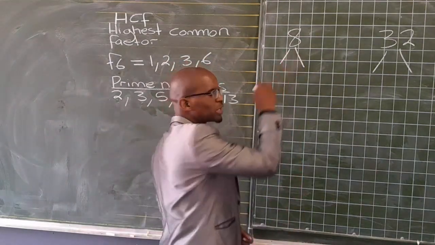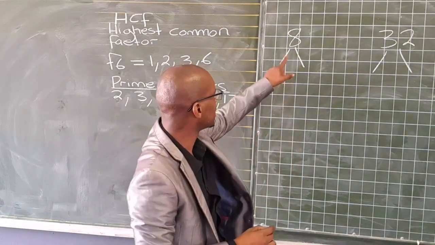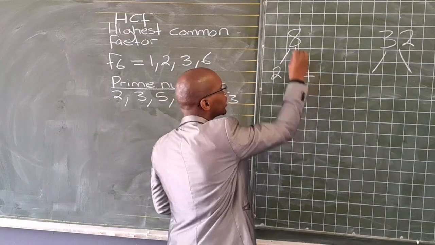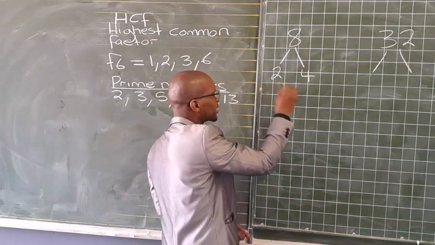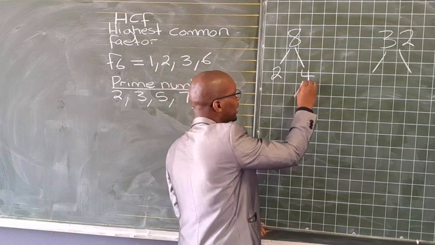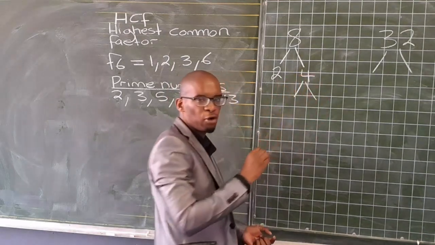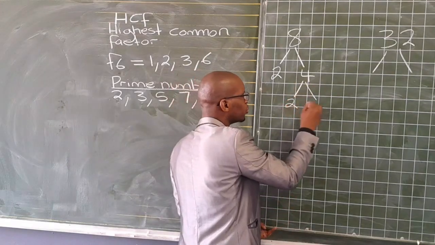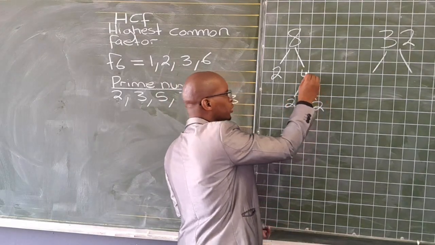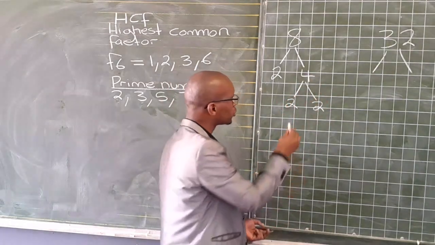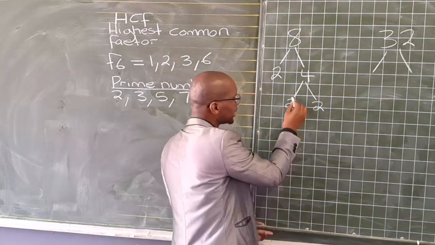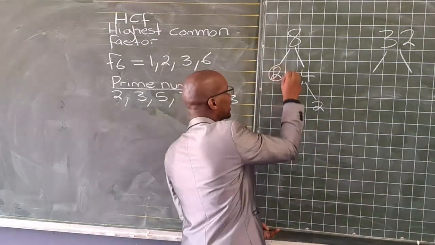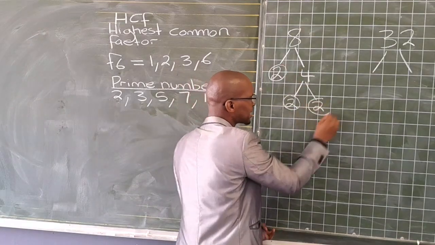So again, using our prime numbers, I can see that 2 multiplied by 4 will give me 8. 2 is a prime number, so I go ahead and break up the number 4 because 4 is not a prime number. I can see here that 2 multiplied by 2 is equal to 4, and these two numbers are both prime numbers, so that means I'm done and I'm going to circle them.